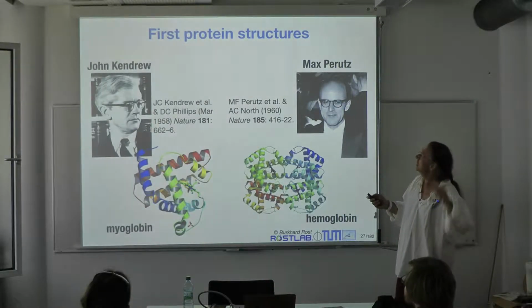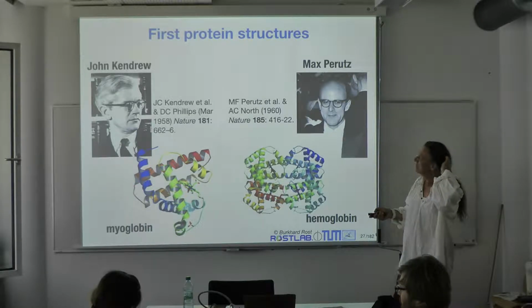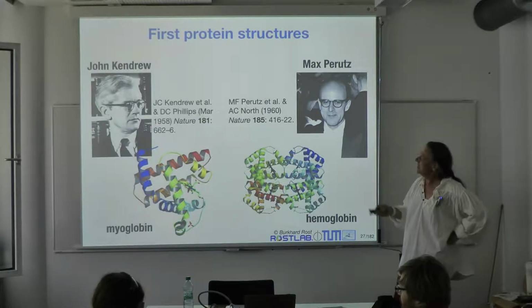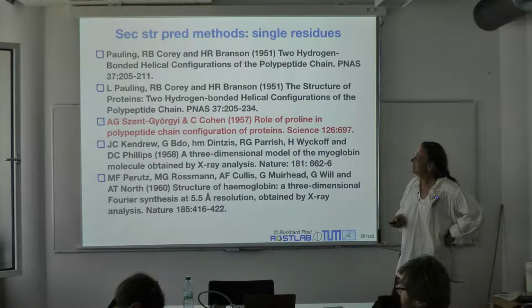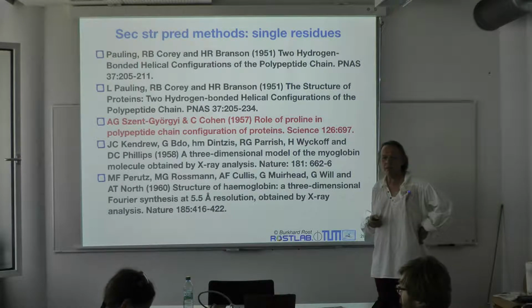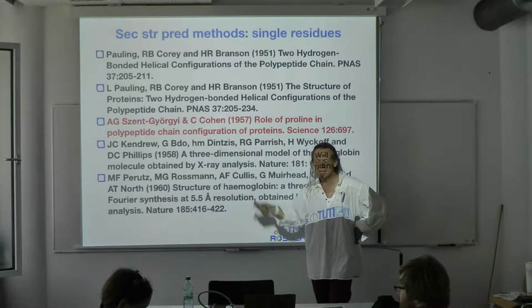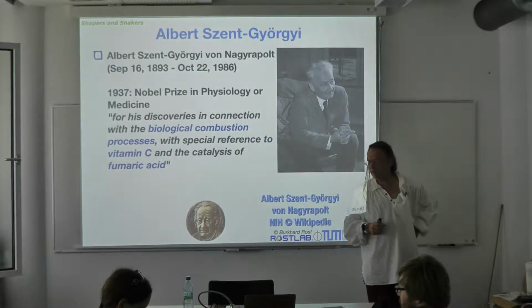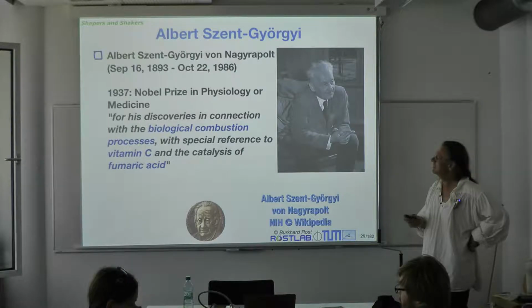The first protein structures, Kendrew, Perutz, myoglobin and hemoglobin, came in 1958 and 1960, and St. Georgi published the first secondary structure prediction method before we ever knew a structure. He actually was a very remarkable man. He got a Nobel Prize in '37 for the combustion process, vitamin C related.